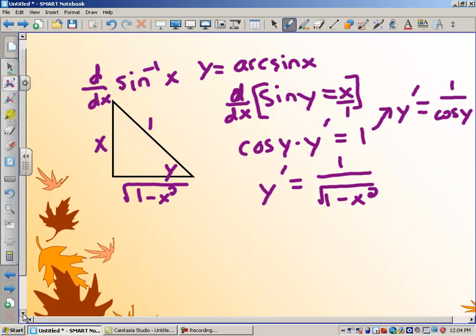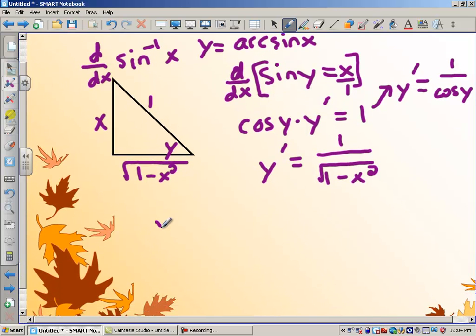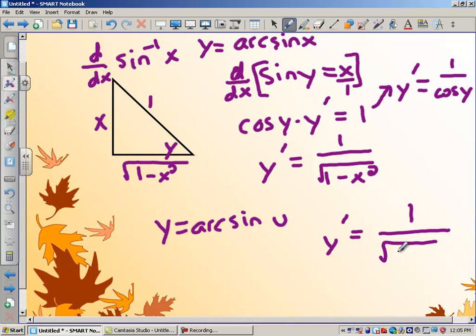Now I'm going to generalize this as well. If y equals the arc sine of u, where u is any function of x, then y prime is going to equal 1 divided by the square root of 1 minus u squared. And then what do you think we're going to have to do here?